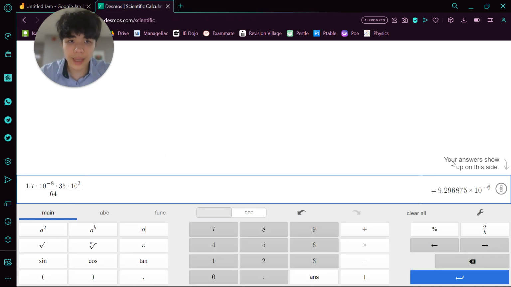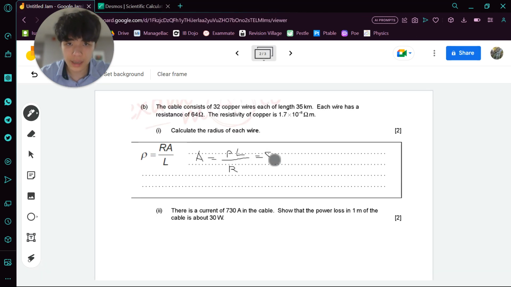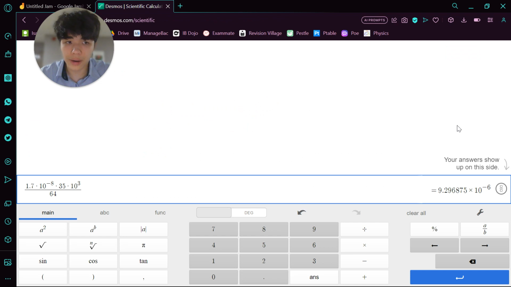And what you end up getting is 9.29, so that's the area. So you get 9.3 times 10 to the power of negative 6.